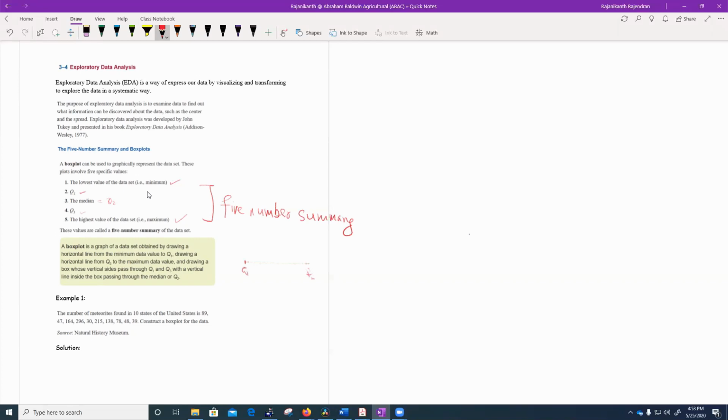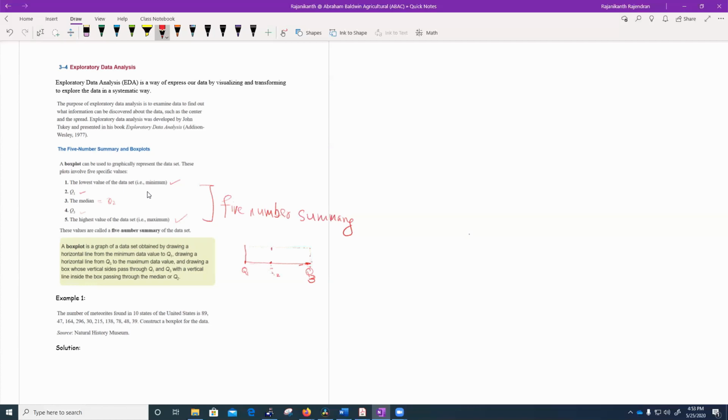After plotting these two, now draw two vertical lines through Q1 and Q3. Then you will get a rectangular box, right?